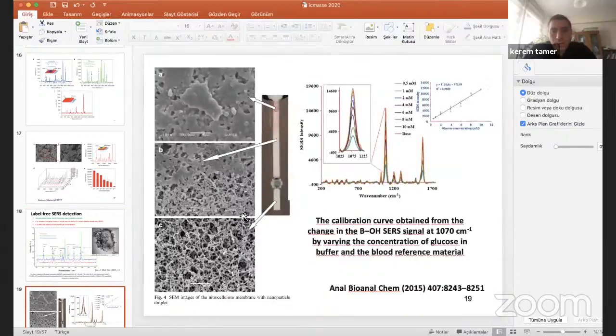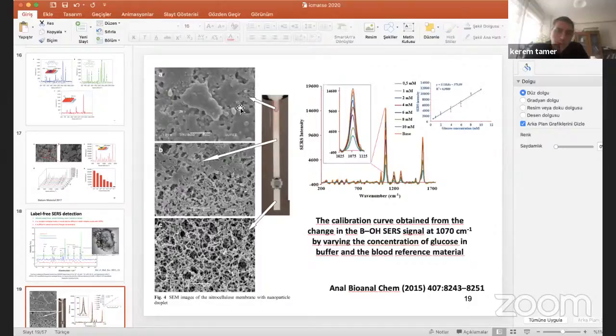I am also going to show some label-free applications such as glucose. Okay, for instance, we are using here a paper substrate, and some nanoparticles are embedded on it.